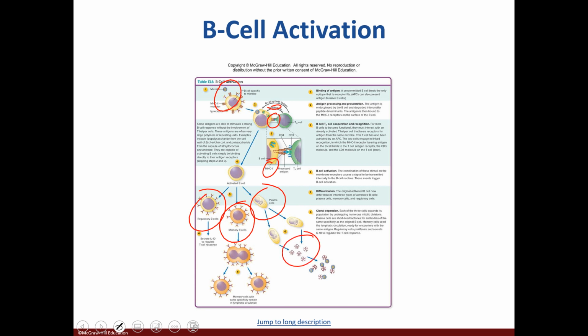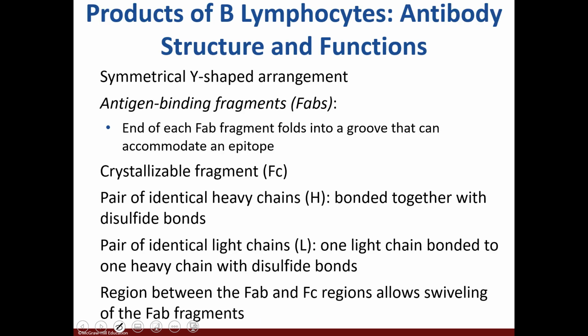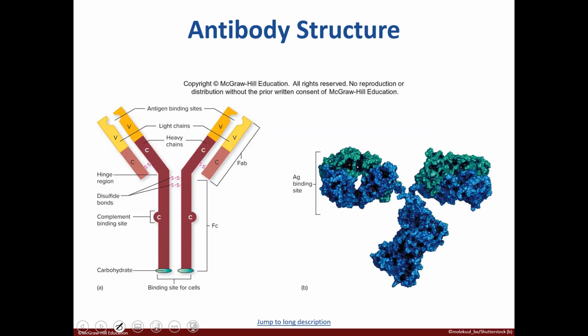antibodies. Antibodies have a Y shape, with antigen-binding fragments, a crystallizable fragment, heavy and light chains, and a region that allows swiveling. If we look at the antibody, we can see the variable region, which contains the antigen binding site.